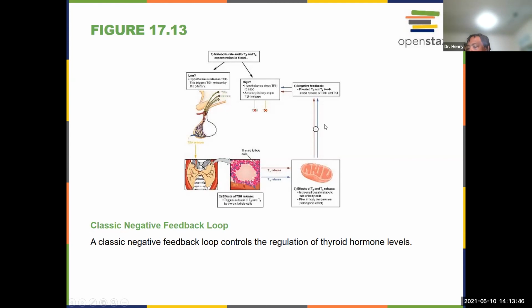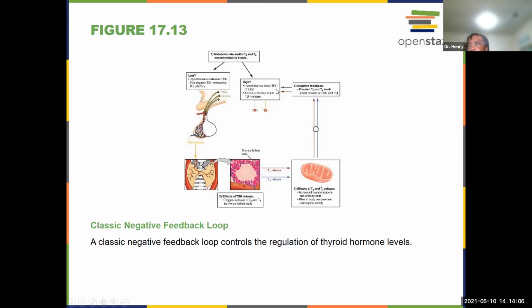Okay, so again, this is going to be another negative feedback loop. It also is going to affect the thyroid releasing receptor, because there's a receptor on there.